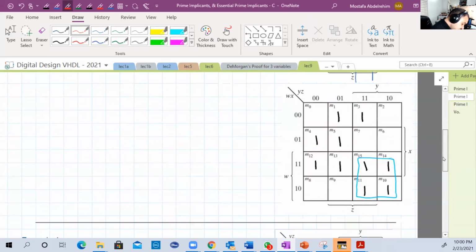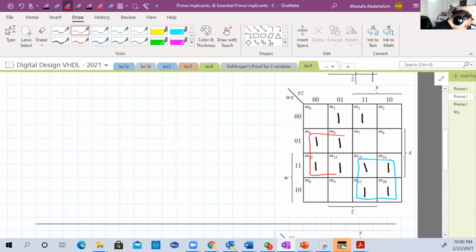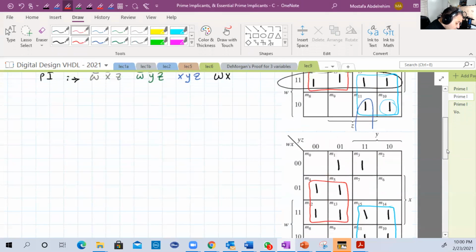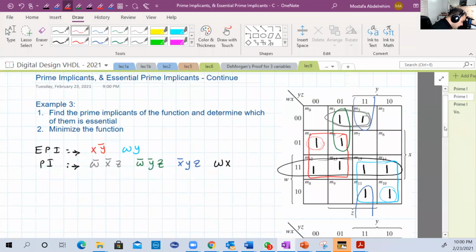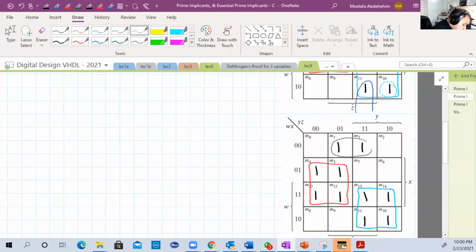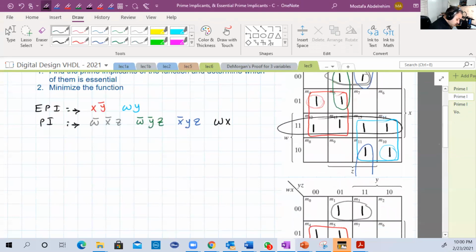So the red guy is between these four. Very nice. So logically here, we need only the gray guy, this one of the prime. All other prime implicants are just redundant.